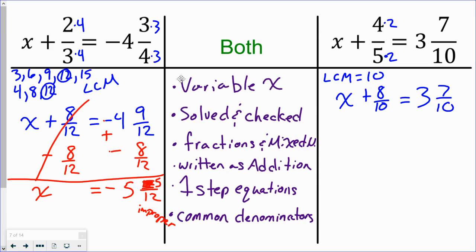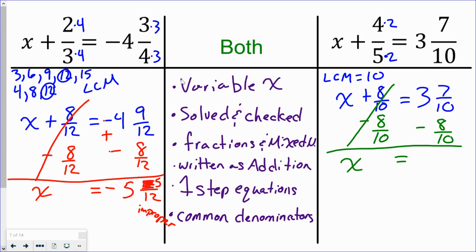Okay, do our inverse operation. Subtract our 8/10 from both sides. Okay, these cancel. I have my x left over, my equal sign. I showed that I'm subtracting on both sides of the equal sign.